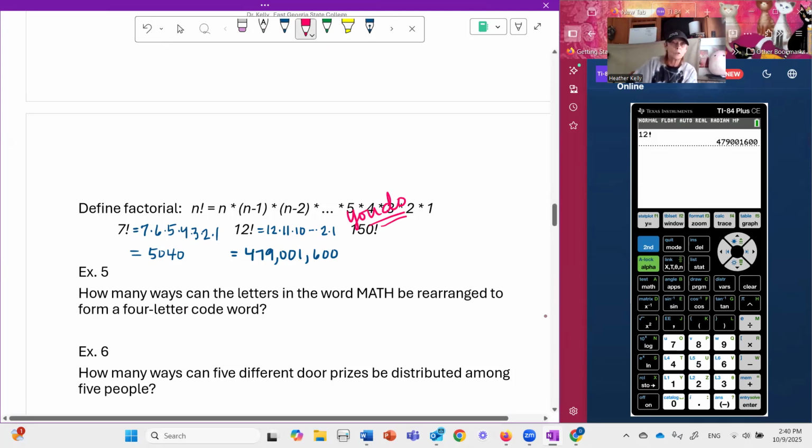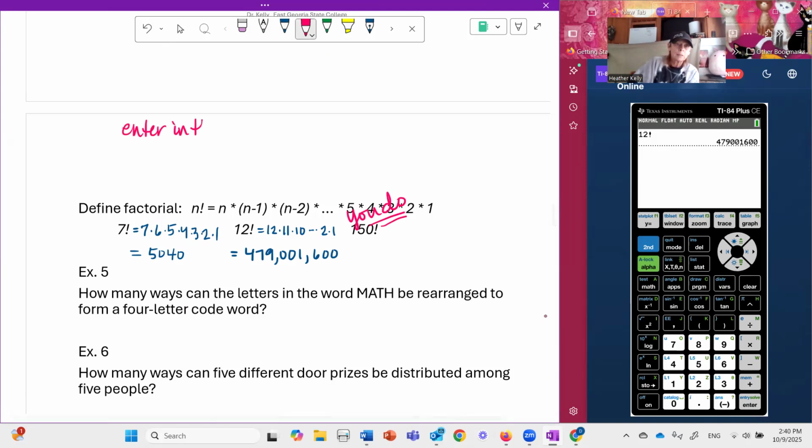So first, enter in the number, and then you go math, you go over to prob, which is probability, and you go down 4 places to the exclamation point. Okay, so let me do it real quick.